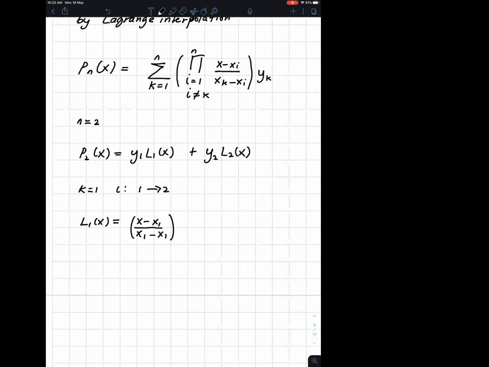And then next, you fix k equal to 1, still k is 1, but next i is 2. So wherever there's k is still 1, but i is going to be 2. Multiply by x minus x2, x1 minus x2.